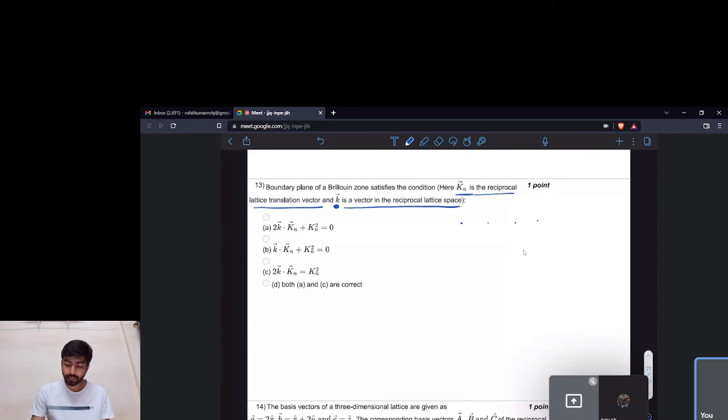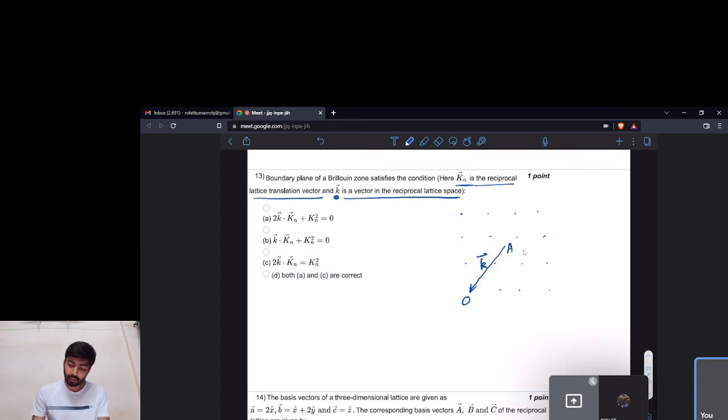Let us take an example of a 2D lattice. Okay, and we have our vector, let's say coming from point A to some point O. This is the incident vector. Let me denote it as k, the vector in the reciprocal space, and there exists a Kn vector.